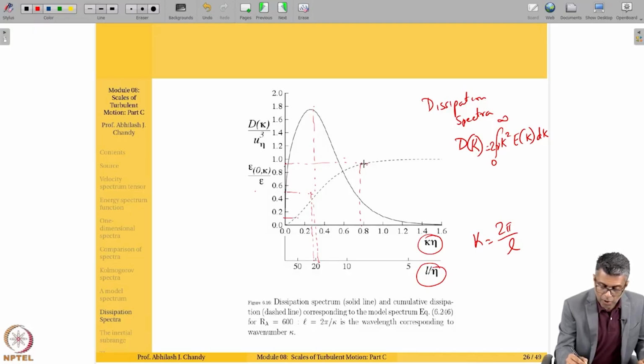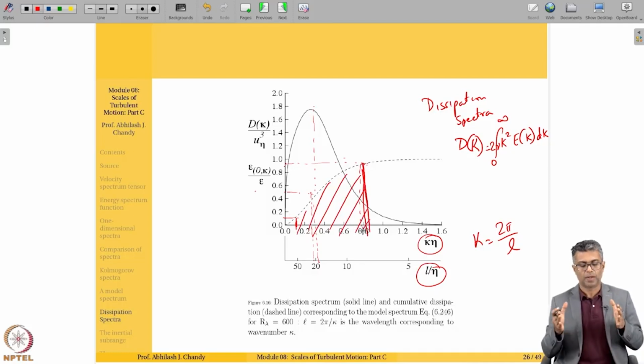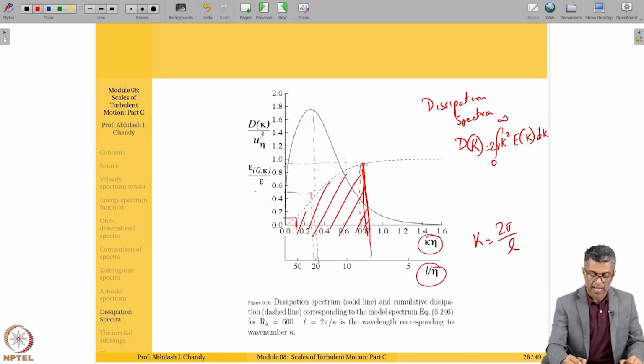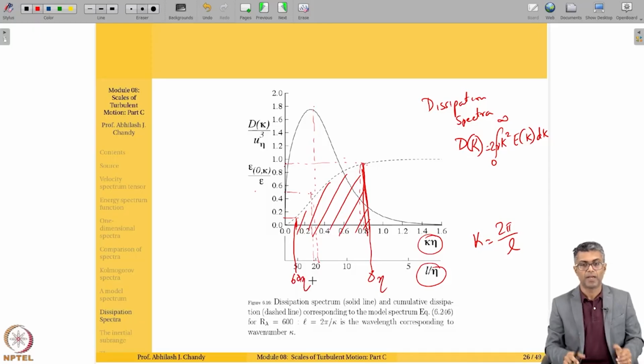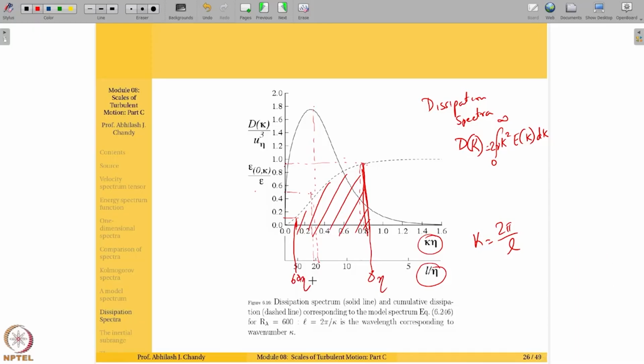So essentially, most of this is the range that we are interested in, right? 8 to 60. So 8 eta and 60 eta. That is where most of the dissipation is contained. That's what we are saying.